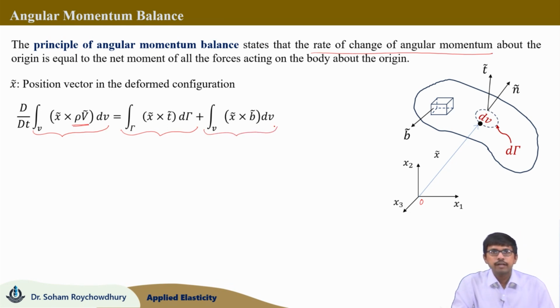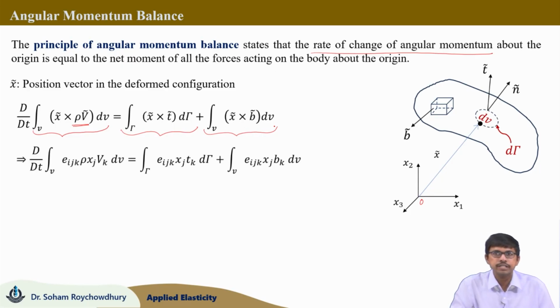So, the rate of change of angular momentum, d/dt of the volume integral of x cross rho v, is equal to the surface integral of x cross t, that is the moment of the surface traction, plus the volume integral of x cross b, which is the moment of the body forces.